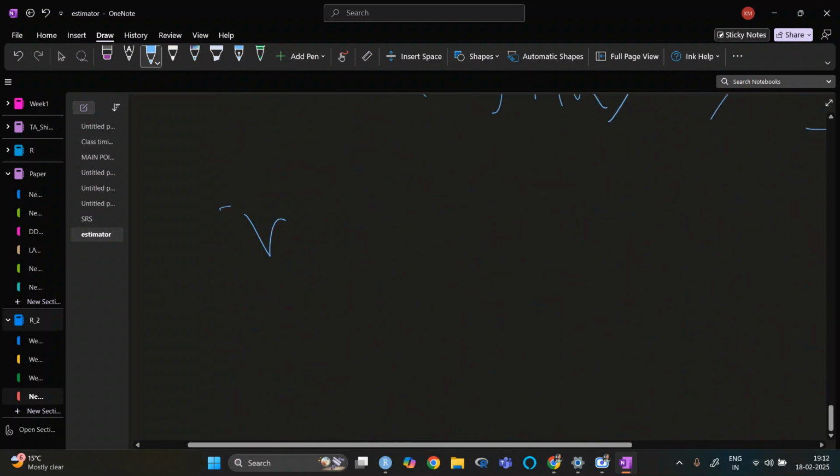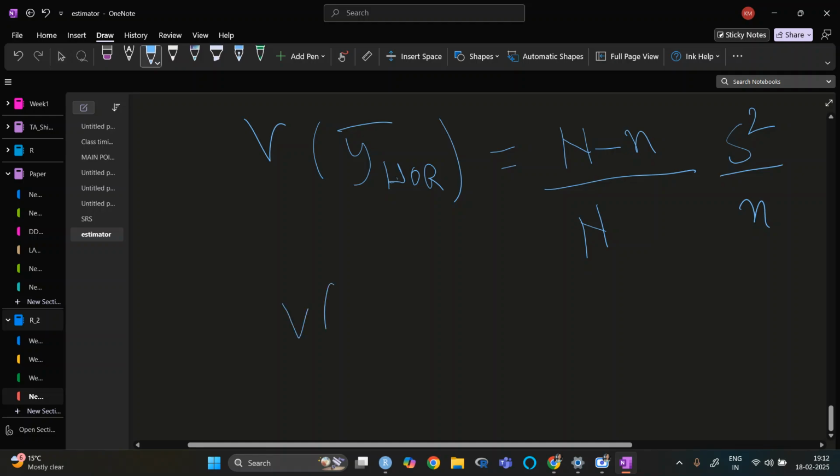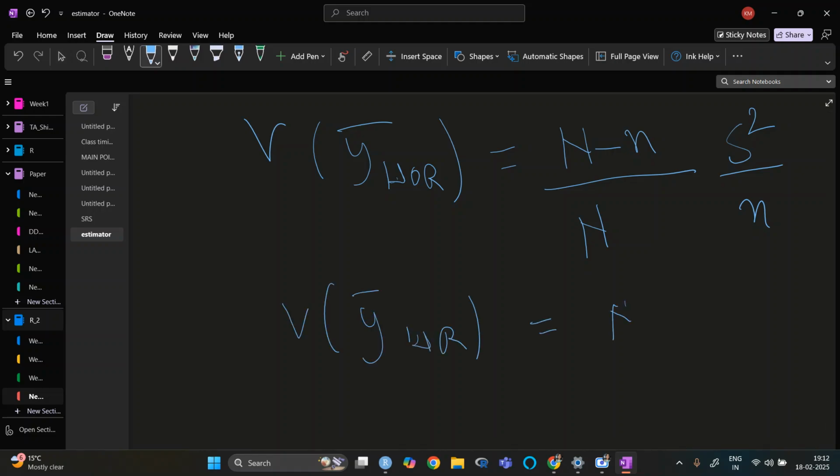So variability of y, sorry, this is (N minus n) upon N, and I'm writing it the other way, S square upon n, and then variability of y bar WR is (N minus 1) upon N, S square upon n. So here you can see this and this.